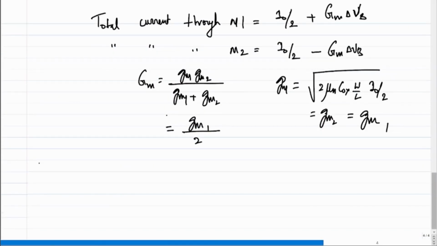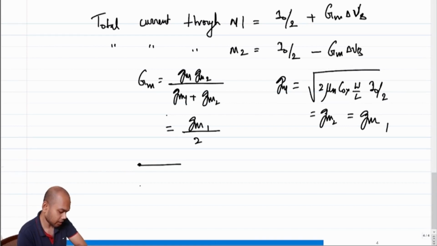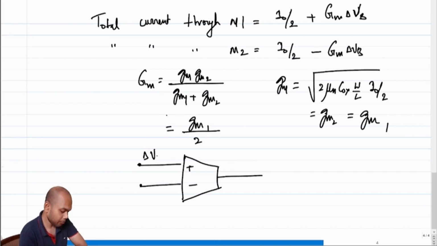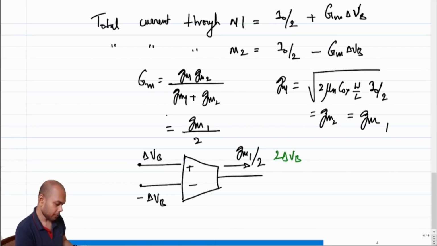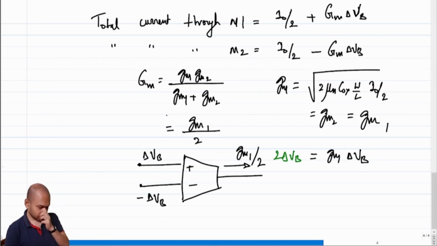So if I have to represent this again in the symbolic form that we just derived, what are we seeing? We are seeing incrementally, if we have an input delta VB here and minus delta VB here, the current that is flowing out is GM by 2 times 2 delta VB, which is equal to GM times delta VB.